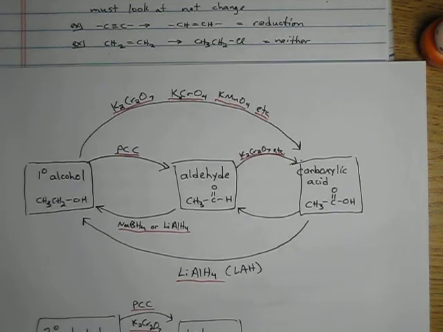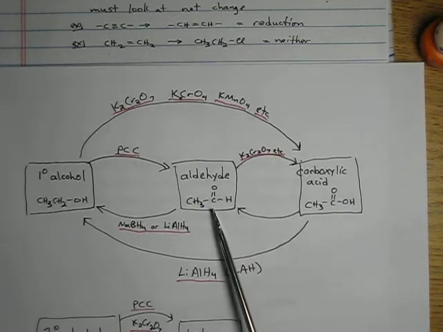It is actually quite dangerous. Lithium aluminum hydride, if you accidentally pour some water on it, it will explode, and there goes your hand. So it's quite the dangerous reagent, but it does a very good job of converting a carboxylic acid to a primary alcohol. That will work.